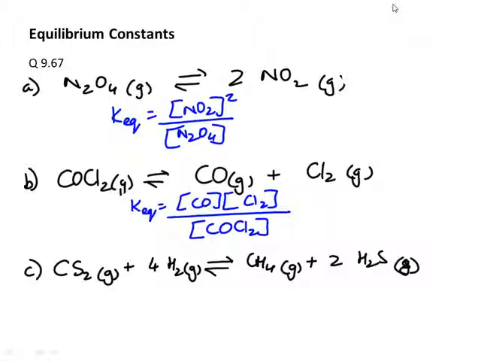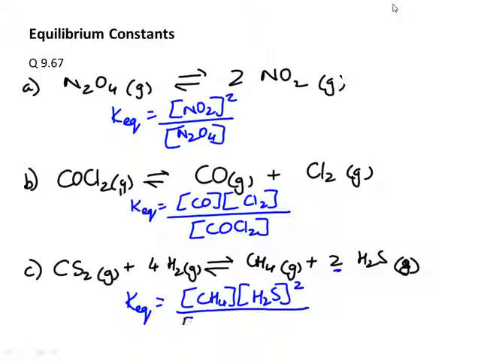Once again, following the same idea, concentration of methane times concentration of hydrogen sulfide raised to 2, because this time the coefficient is 2, divided by concentration of carbon disulfide times concentration of hydrogen gas raised to 4, because its coefficient is 4 in the balanced equation.